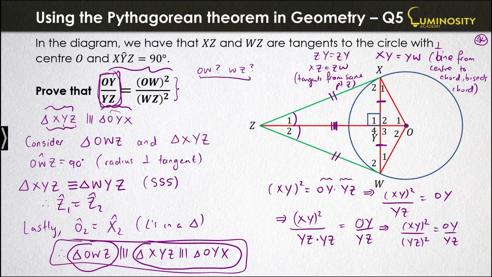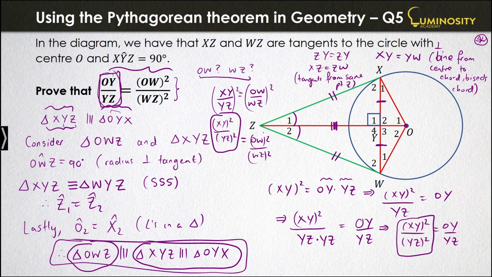So, if we can just show that XY divided by YZ is the same thing as OW divided by WZ, then if you square both sides, you're going to get XY squared divided by YZ squared equals OW squared over WZ squared. Okay, so this expression here is what we've got already. So I can replace it with this, and then that will complete the proof.